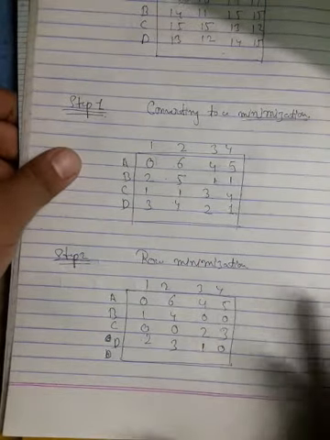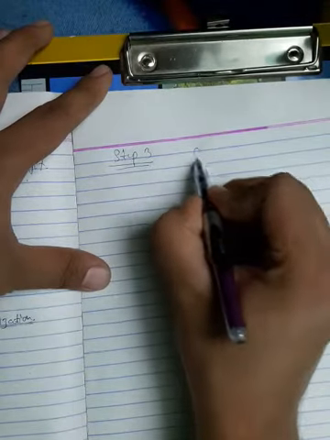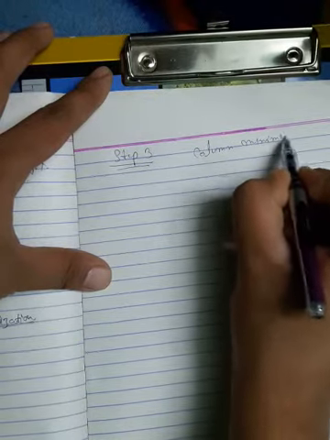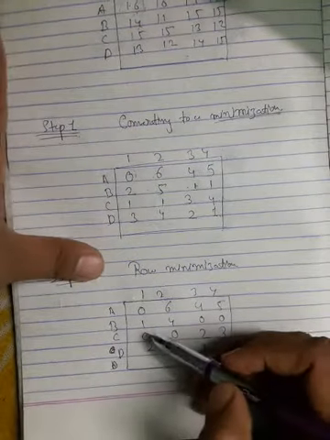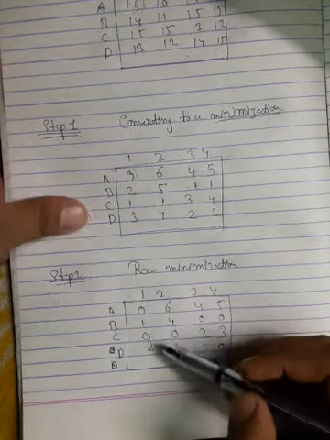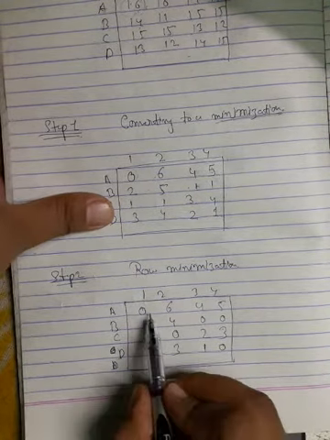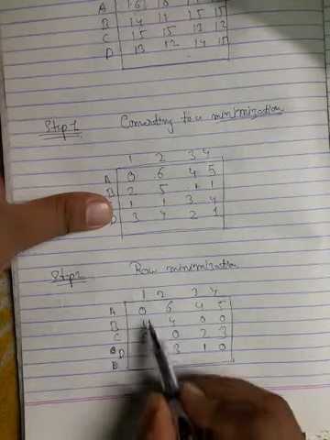Now I have to go for the next step, that is column minimization. Step 3, column minimization. Now if you see in this matrix, after row minimization we got this matrix, and in each column you have a minimum value of 0.